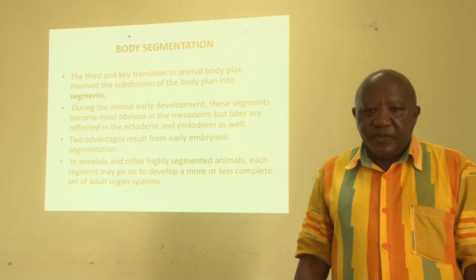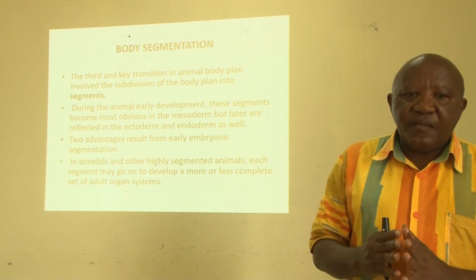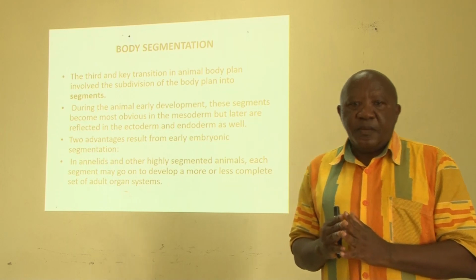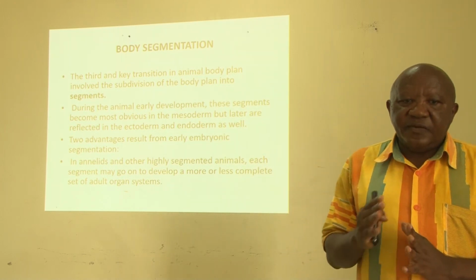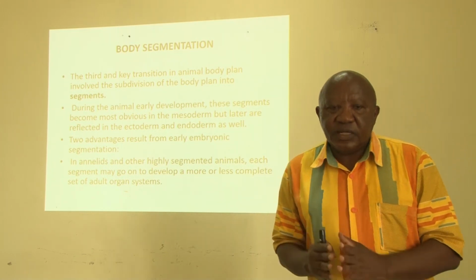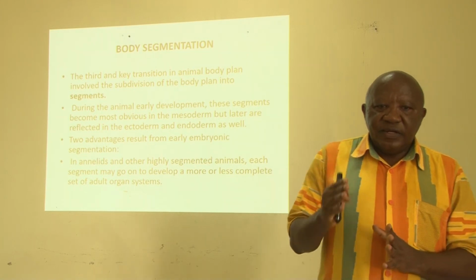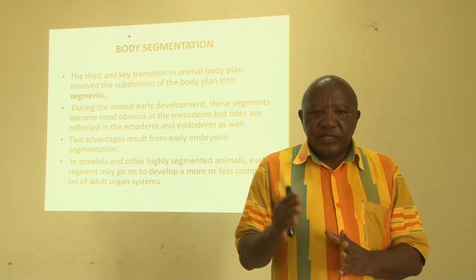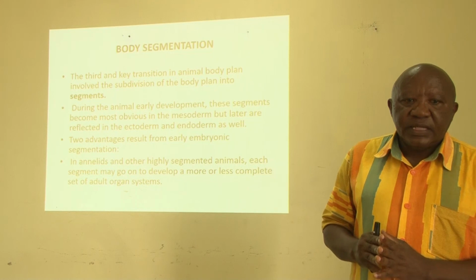During animal development, these segments become most obvious in the mesoderm, but later are reflected in the endoderm as well.